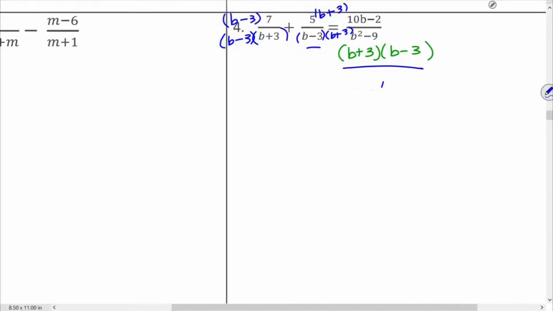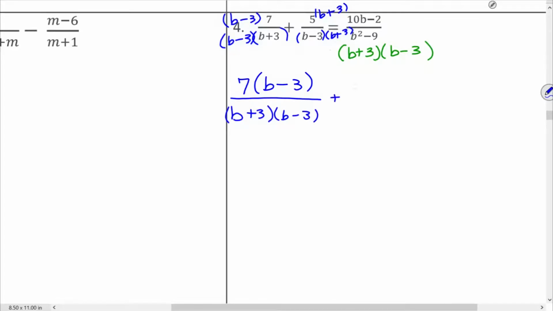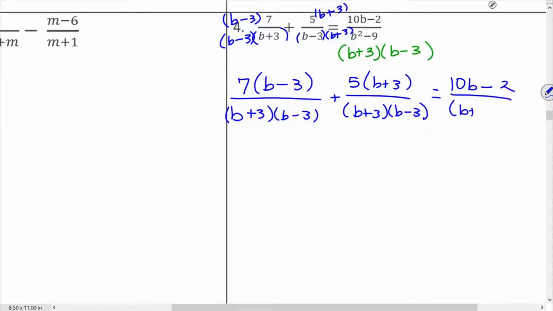And then this is my common denominator, so that one's fine. So let's rewrite this. I get 7 times b minus 3 divided by b plus 3, b minus 3, plus 5 times b plus 3 over b plus 3, b minus 3, equals 10b minus 2 divided by b plus 3, b minus 3.